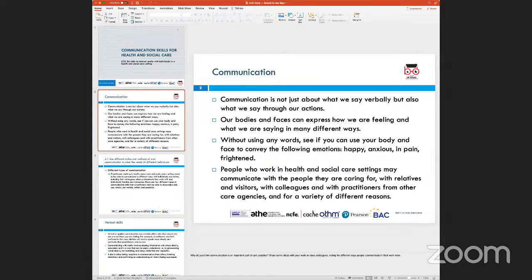Now, specifically, when we look at different methods of communication that we want to discuss with regard to the health and social care sector, if you recall what I discussed yesterday in the presentation, when we look at different styles of communication, there is oral or verbal style of communication, and there is written style of communication.